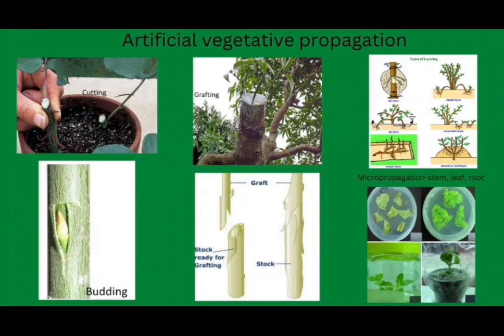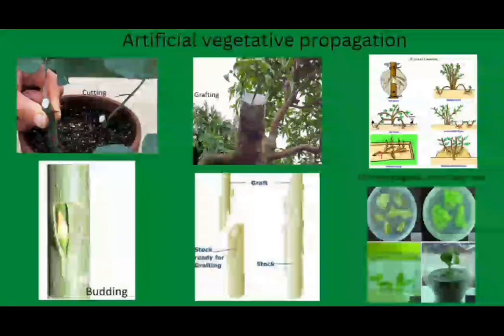Grafting: the stem is cut then fitted on another strong plant and covered with grafting wax. Layering: the stem is bent down until it touches the soil, then cut once it develops roots and grows into a new plant.